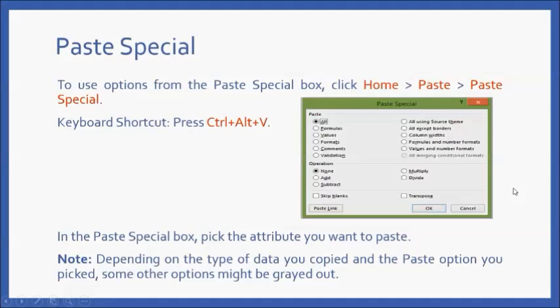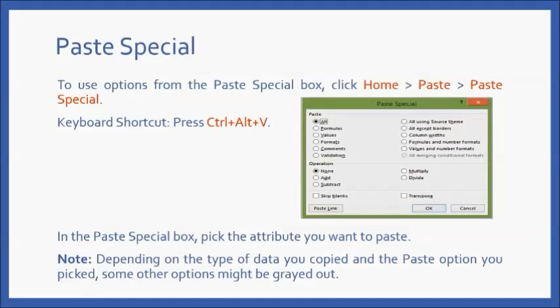Paste Special. To use options from the Paste Special box, click Home, Paste Special, or use a keyboard shortcut such as pressing Ctrl Alt V. We have here a Paste Special box. Pick the attribute you want to paste. We have All, Formulas, Values, Formats, Comments, Validation.